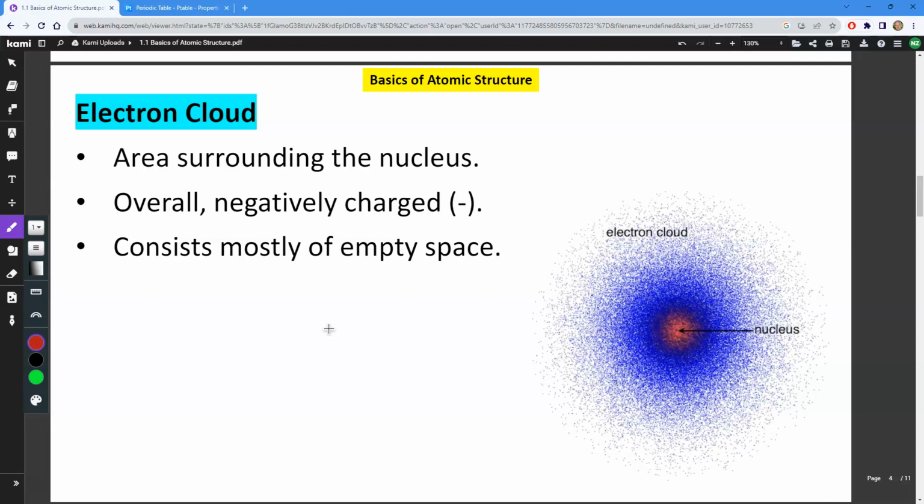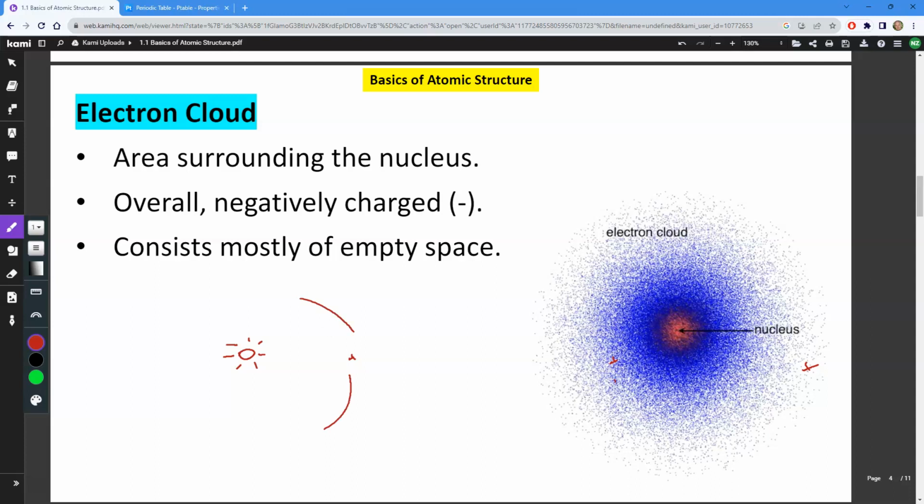Overall, it's negatively charged because electrons carry a negative charge, so naturally the space that they take up is going to be negatively charged. Now, just like our solar system, you've got the sun here, and the planets, like in pictures, orbit really close, but if we were to actually look at the universe, all the planets are really, really far away.